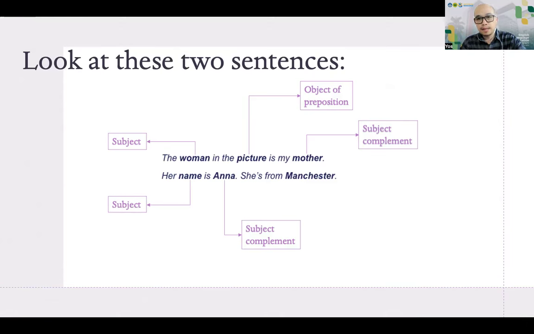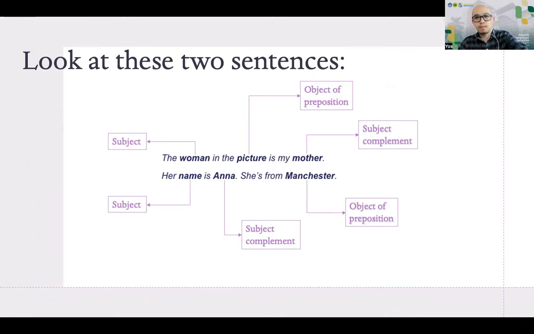What about the word Manchester in the last sentence? She's from Manchester. If we take a look at the word Manchester, it comes after the preposition from. From where? From Manchester. That's why we call it the object of preposition. Of course, those are not all the positions that can be occupied by a noun.